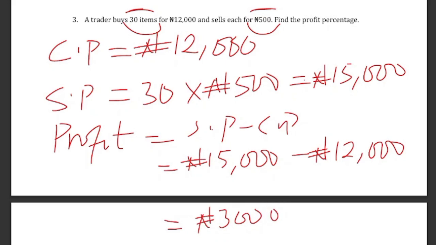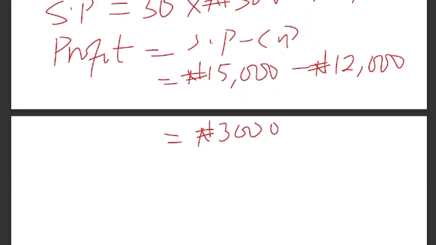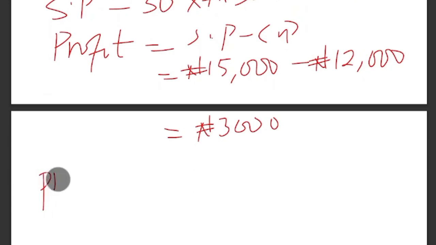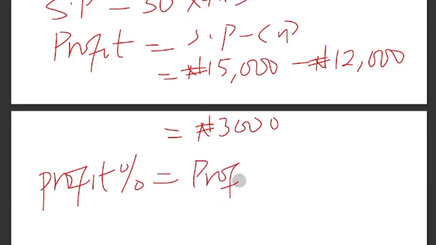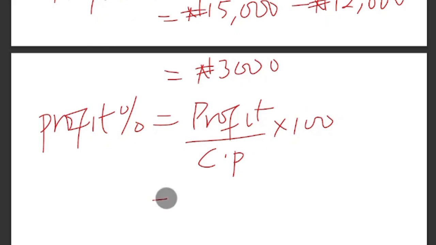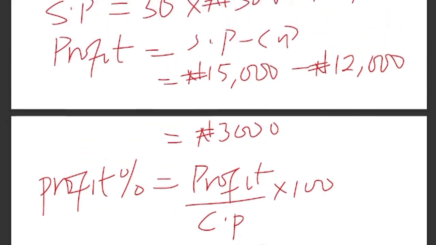But the question says profit percentage. All right. So we now go to profit percentage. Don't forget the formula. Profit percentage is profit divided by the cost price multiplied by what? 100. So the profit, which is 3,000, divided by the cost price.